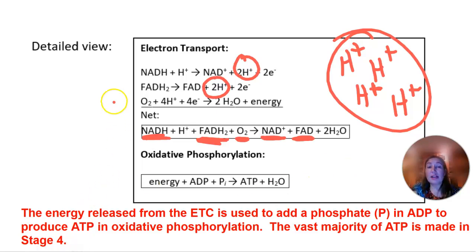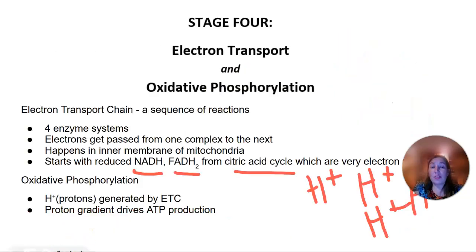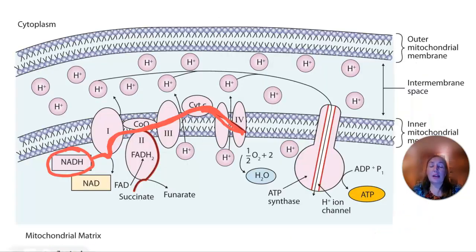As NADH and FADH2 are being oxidized, they're producing 2 protons each and 2 electrons each. So if we go back to this mitochondrial membrane, we've got cytoplasm on the outside, then the outer mitochondrial membrane, a bilayer of heads and tails, with the tails together forming that outer membrane.